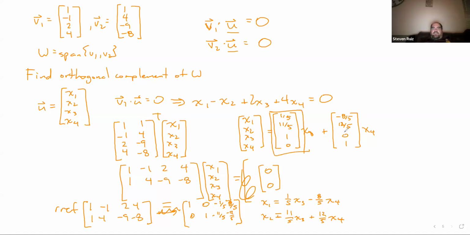So these two vectors right here are the orthogonal complement, because any linear combination of those two things is guaranteed to be perpendicular to both V1 and V2. Okay, any questions there? I haven't heard from any of you in a while.